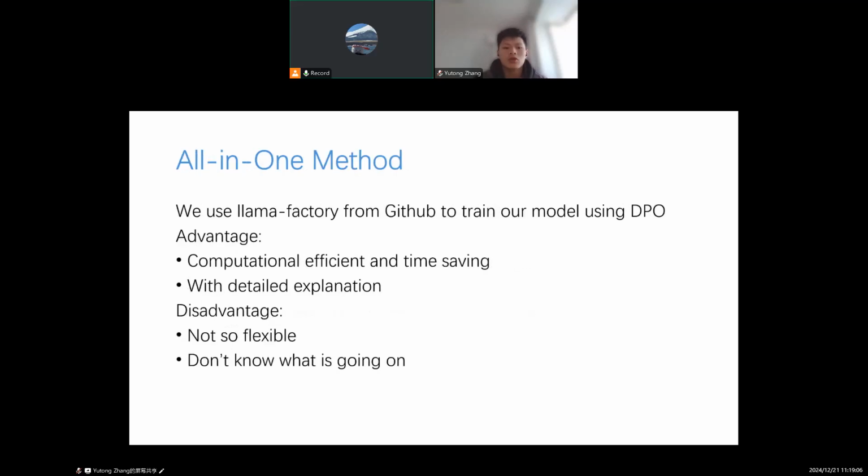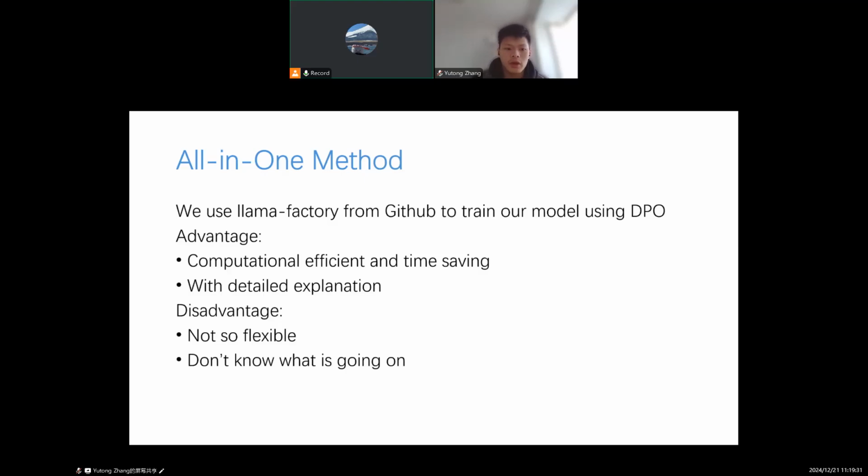So we're going to use LLaMA-Factory to train our model, right? Basically, it is an all-in-one training platform, which we can use to perform various training algorithms like supervised fine-tuning, preference optimization, and many other things in one platform.